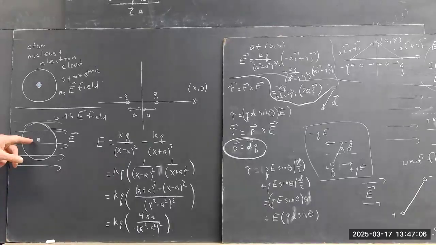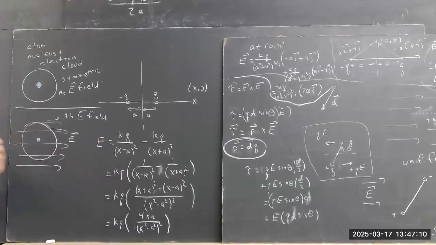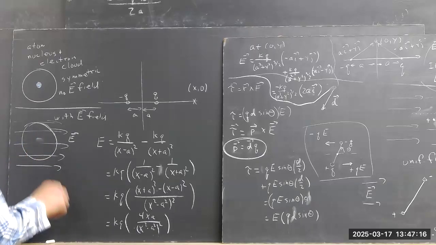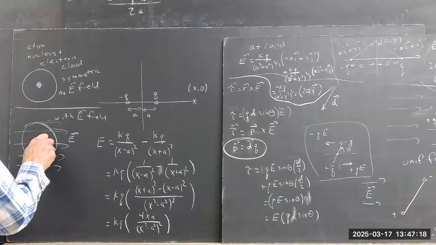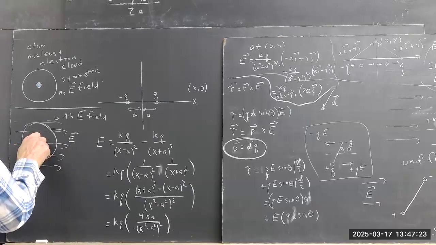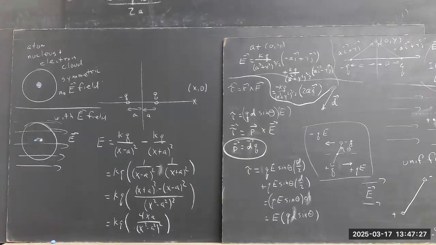It tends to pull the nucleus this way, and tends to pull the electron cloud this way. So the nucleus gets offset from the electron cloud.